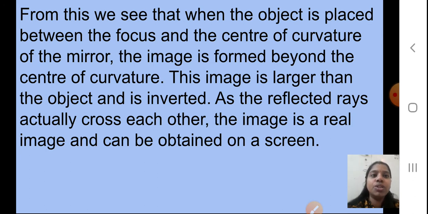This image is larger than the object and is inverted, as the reflected rays actually cross each other. The image is a real image and can be obtained on the screen. So we can get this on a screen. Okay, students, I hope it is clear to you.